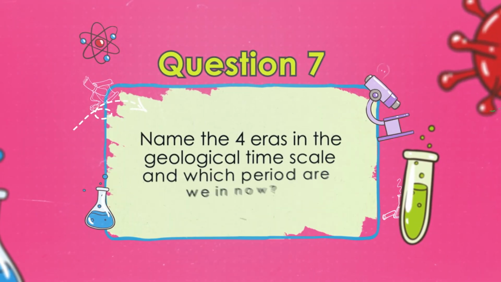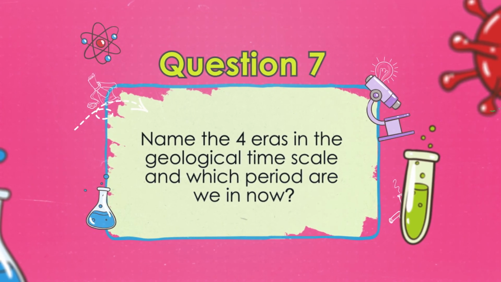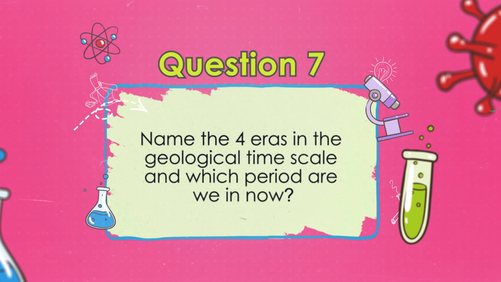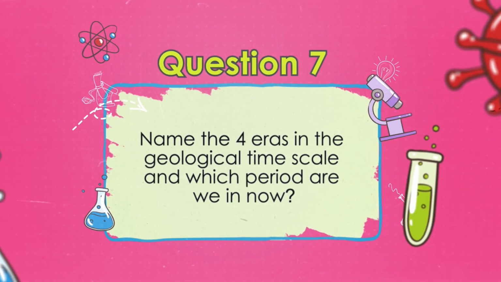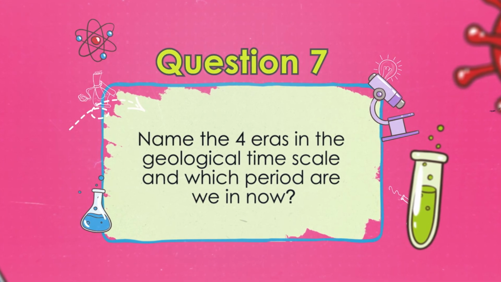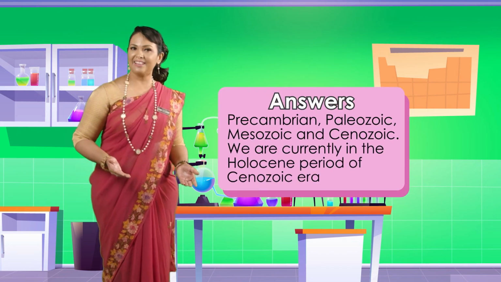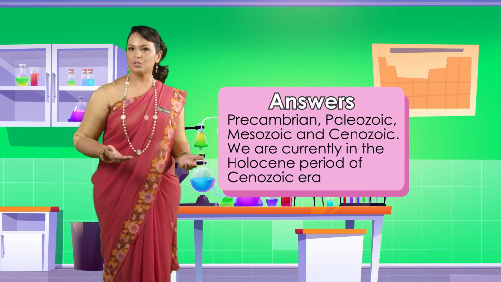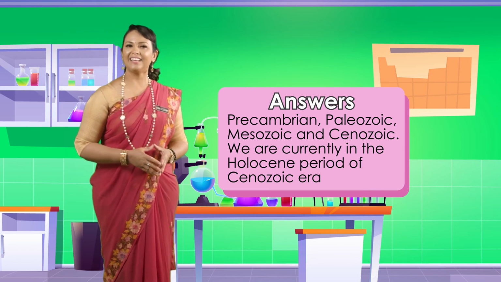Name 4 eras in geological timescale and the period where we are in now. Yes, you are absolutely right. Precambrian, Paleozoic, Mesozoic and Cenozoic. We are currently in the Holocene period of Cenozoic era.